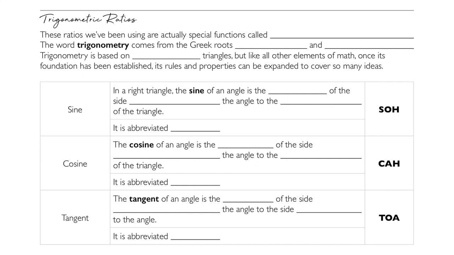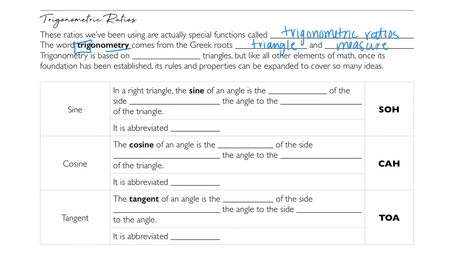We are learning about some special functions called trigonometric ratios. The word trigonometry comes from the Greek roots trig, meaning triangle, and metry, meaning measure.